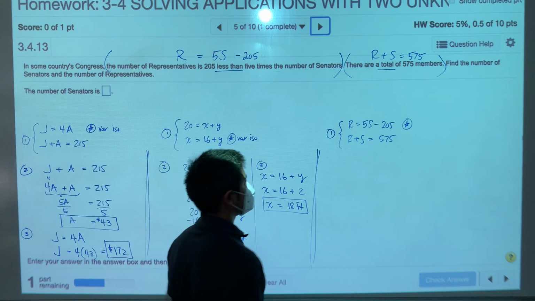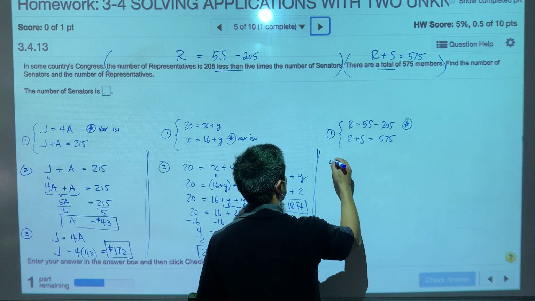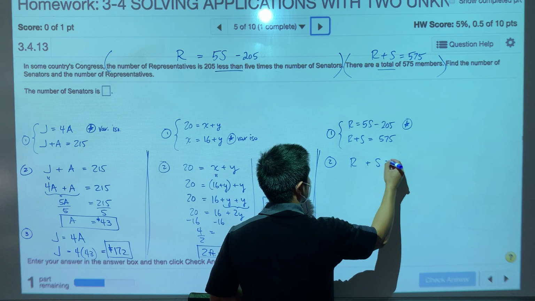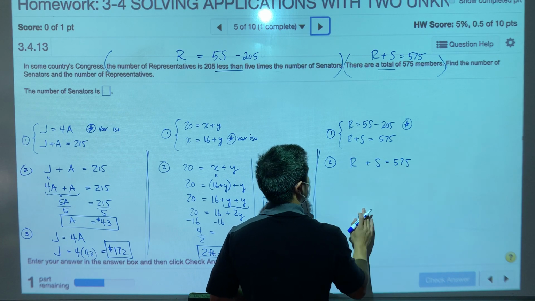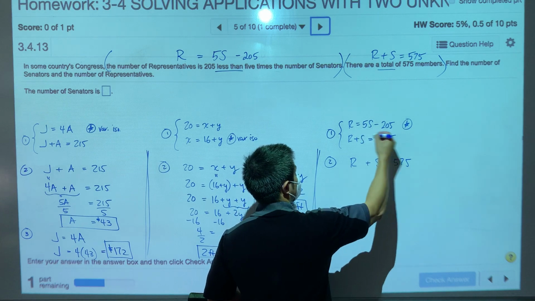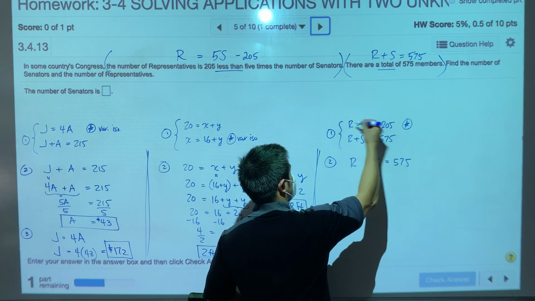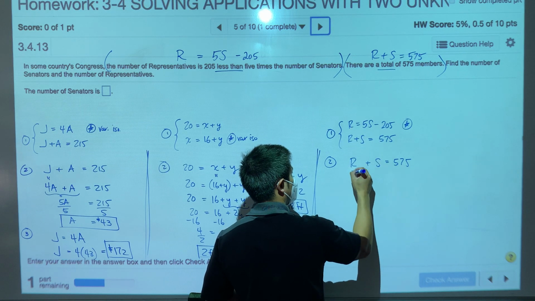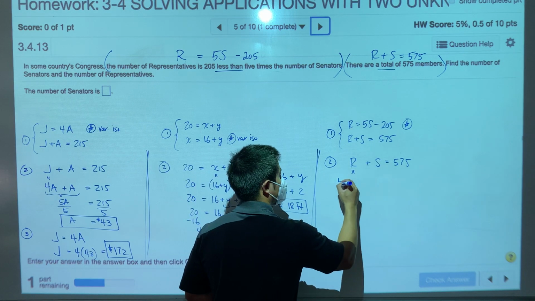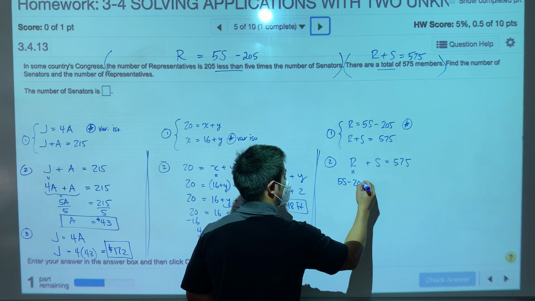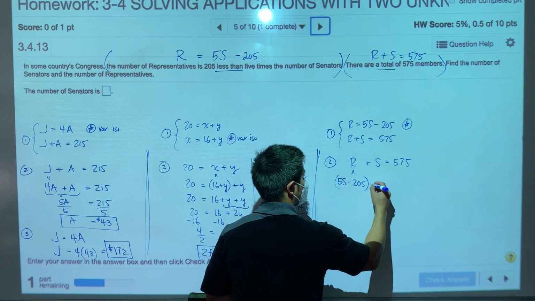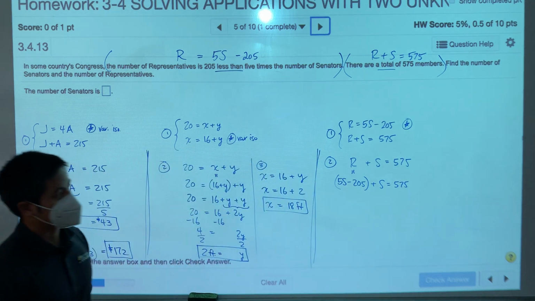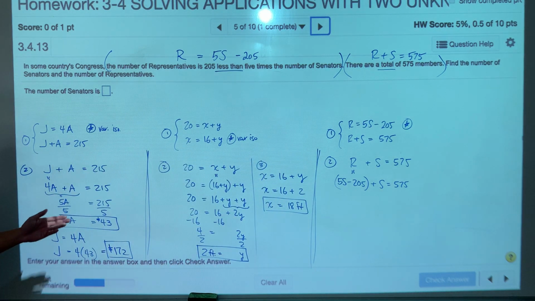Now what do we do? We go to step 2 using the other equation, R plus S equals 575, and we're going to put the star piece in for that isolated variable. So R is 5S minus 205. That's what R is, and I'll just keep on going with that. Make sense?